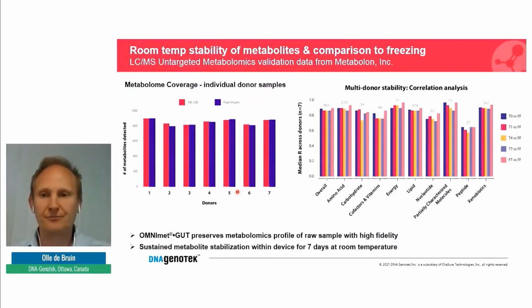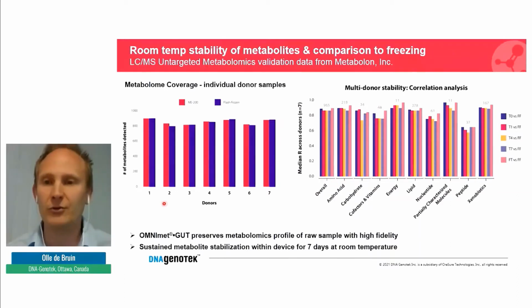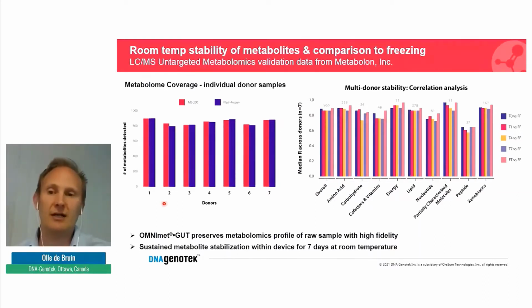To the left on your screen, we collected stool samples from 7 donors, either into the OMNImet.GUT device, in red, or by flash freezing of raw samples at -80, in blue. Then we determined the number of metabolites that could be detected for these 7 donors.